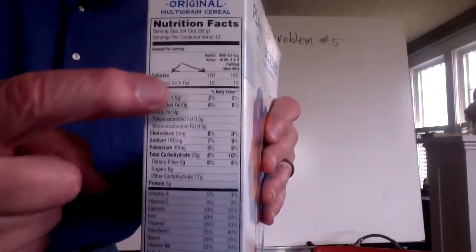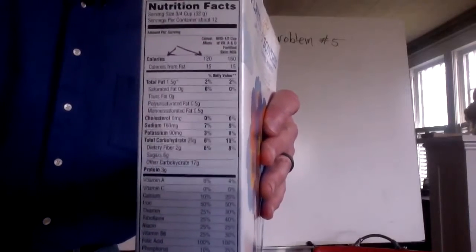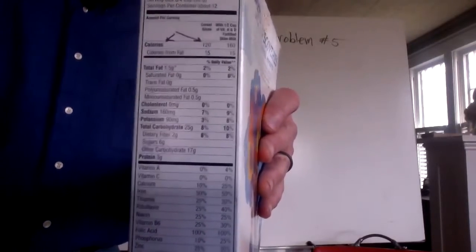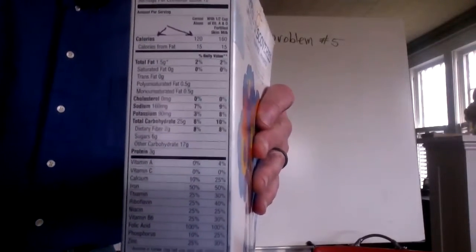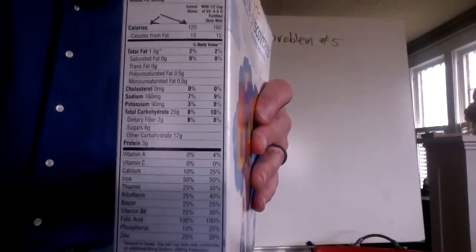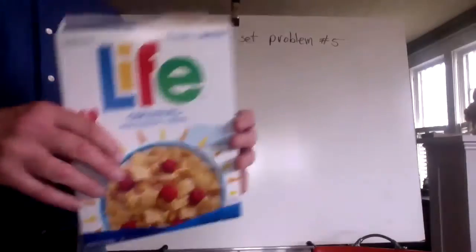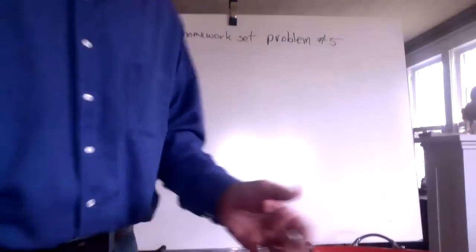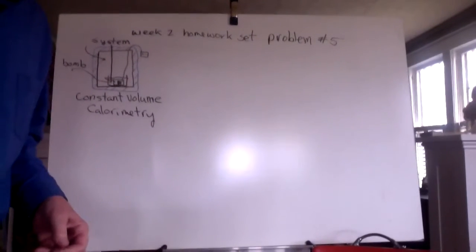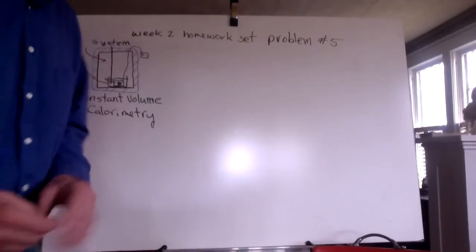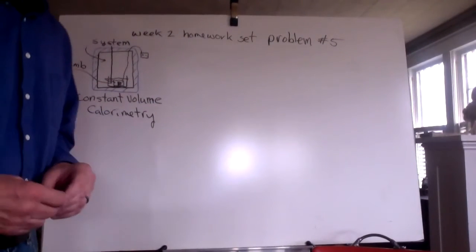This label says there's 120 calories of energy per serving. You may wonder where they get that energy content. Well, this is how they do it, using a constant volume calorimeter.